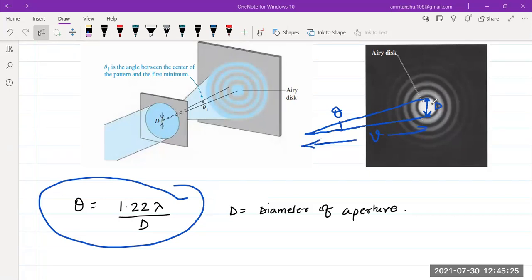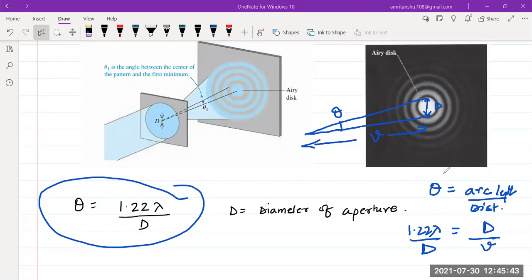So this diameter will be, we know theta is arc length upon distance. Arc length here happens to be the diameter, and I'll call it small d so that two variables don't cause confusion. Distance is v, and theta is 1.22 lambda by d.